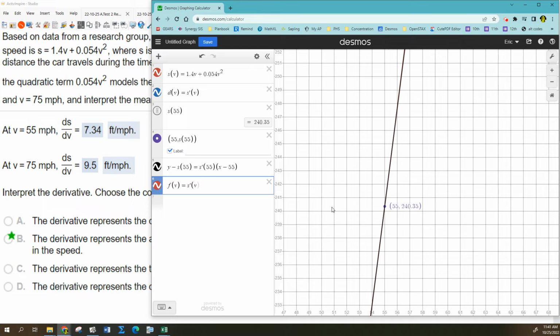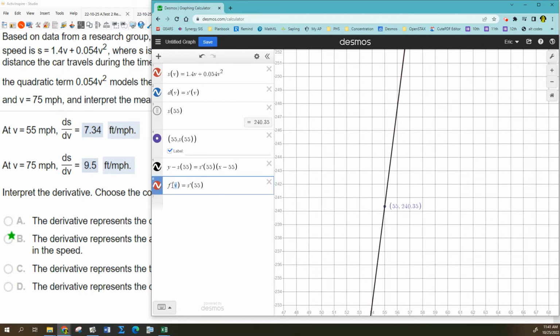So all I'm doing is I'm solving for y. Oops, I don't want to do that. Yeah, I want s prime of 55, right? I'm just going to solve for y is all I'm doing, okay? Oh, and that should have been, by the way, that should have been s, not x, right? Oh, and then it blows up. How come? Oh, because I put it in terms of y. Yeah, so, gosh, that's kind of a pain. So I had to make that an x. Okay.